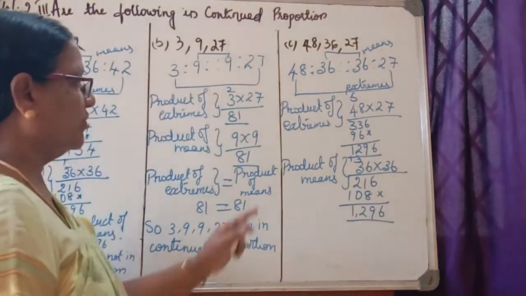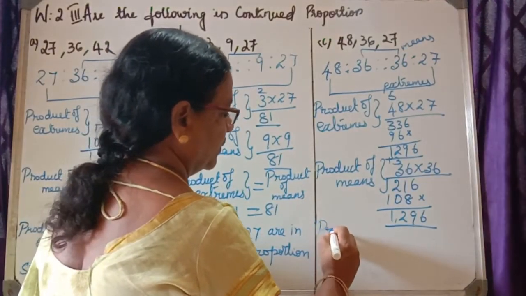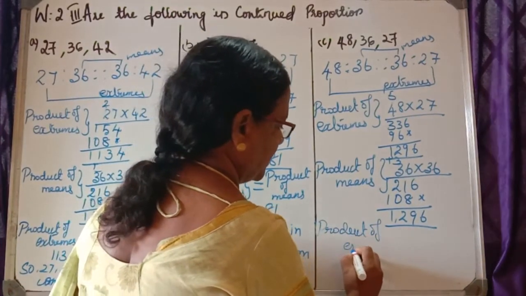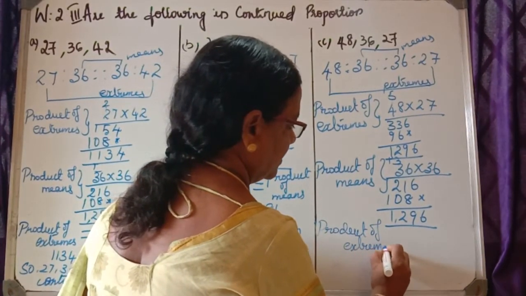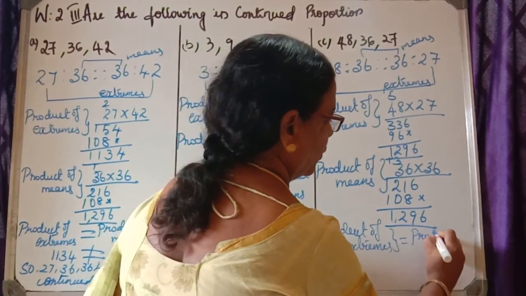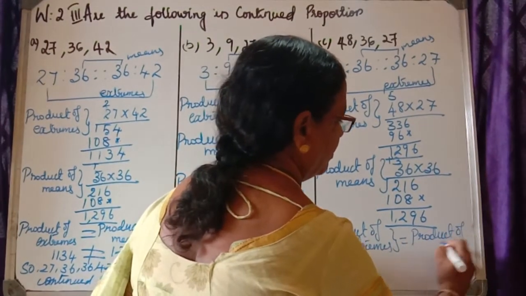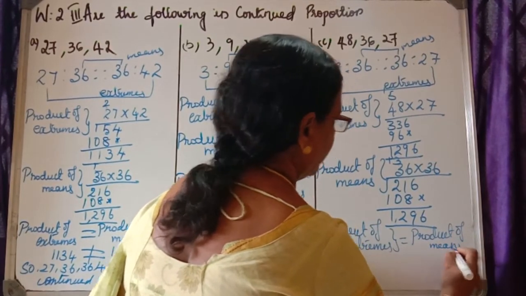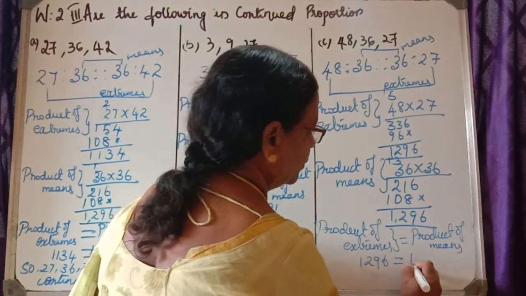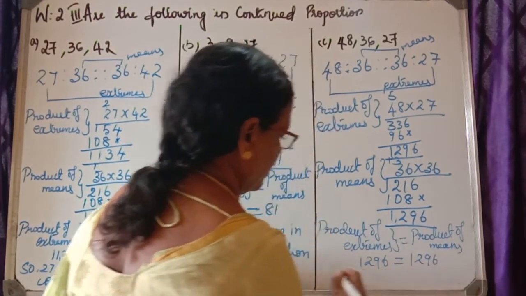Here the product of extremes should be equal to the product of means. Here 1296 is equal to 1296.